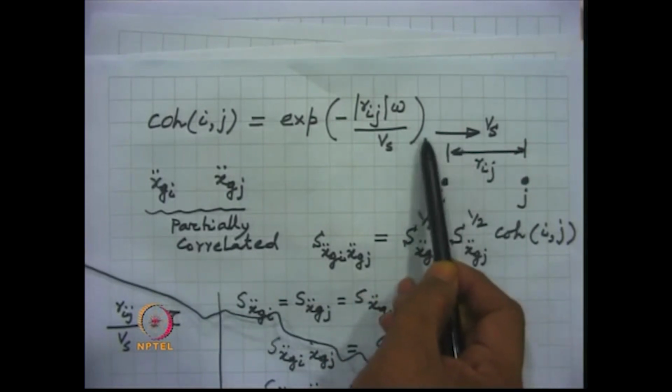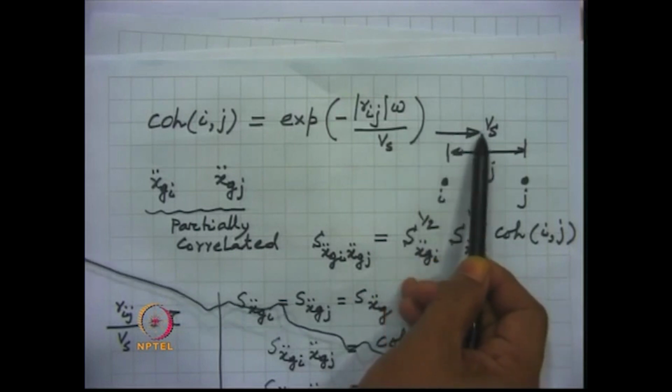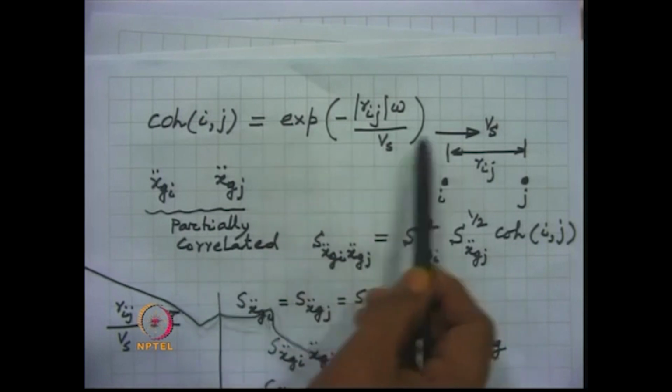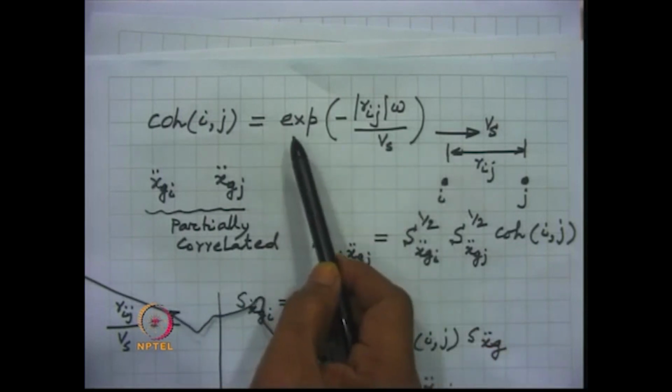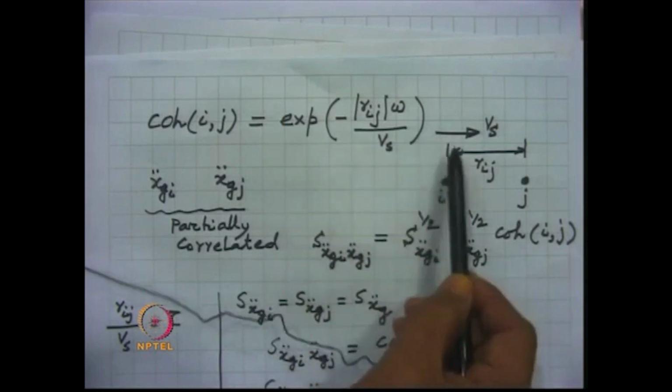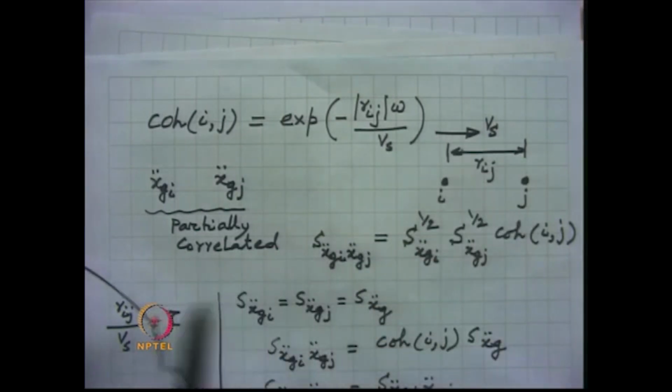Vs is the seismic wave velocity. So, the same earthquake ground motion time history is travelling with a velocity of Vs.